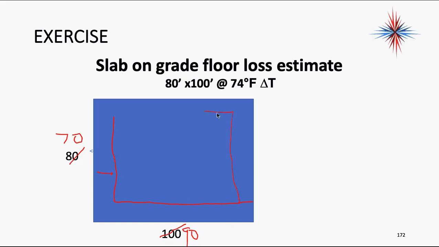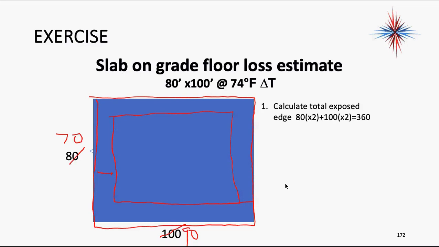And I should have drawn that up around there. Now, this is my perimeter measurement. You take your length all the way around the perimeter. That's step one. Step two, you take this area that is now 70 by 90. So the calculated total exposed edge is 360 feet.